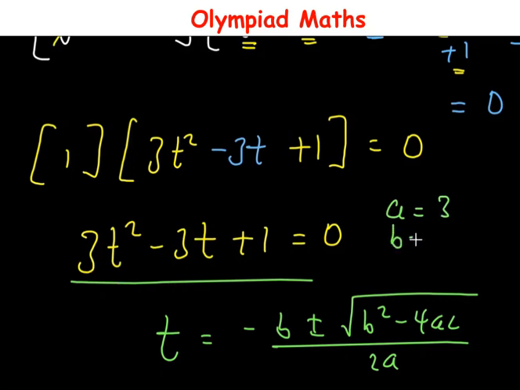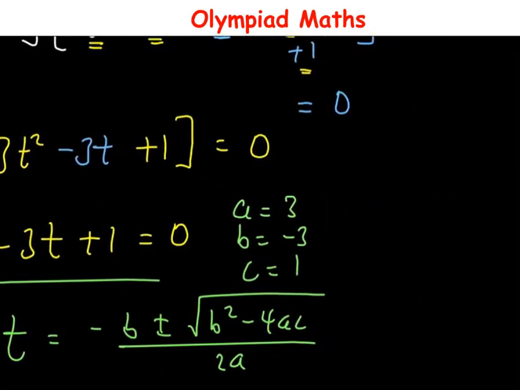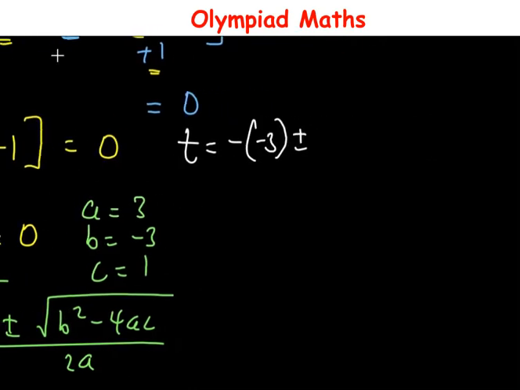The value of b is the coefficient of t, which is −3. The value of c is the constant, which is +1. So from here, the value of t is, inputting these values into the formula, minus b is minus (−3), plus or minus the square root of b squared.